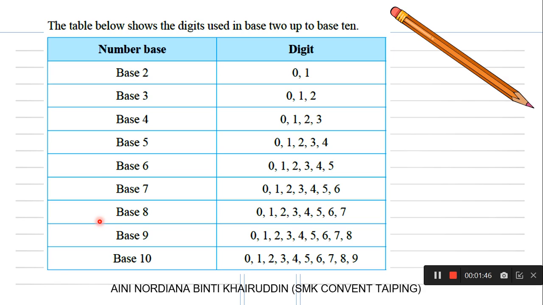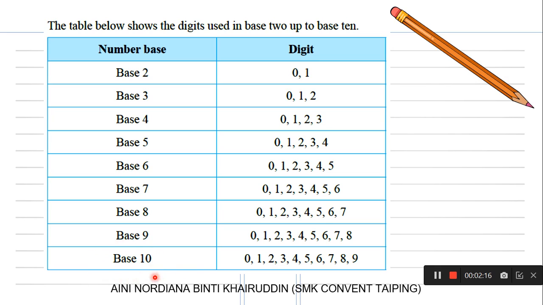So the table below shows the digits used in base 2 up to base 10. So basically we have 9 bases. You are going to learn 9 bases in this chapter, which are base 2, base 3, base 4, base 5, base 6, 7, 8, 9, and 10.